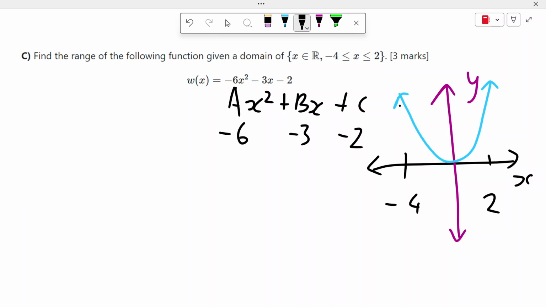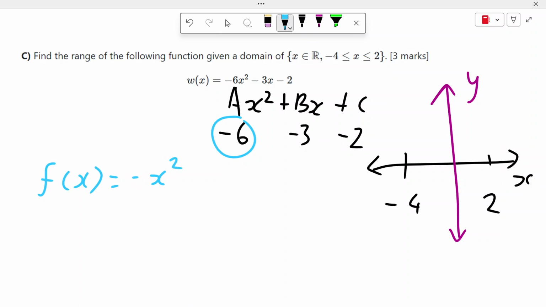So because it's got a minus sign in front of the a, right? What that means is that if we have, again, our other function, f of x being just equal to -x squared, it flips it. So that's important for the signs, okay?